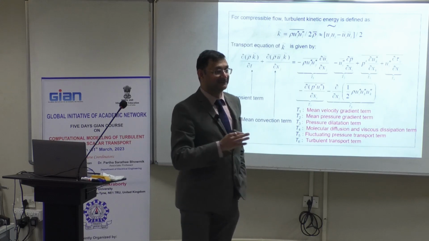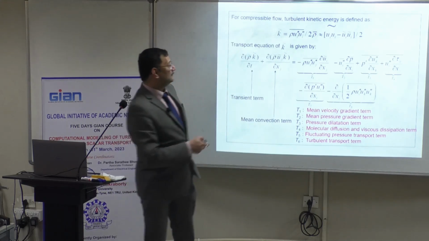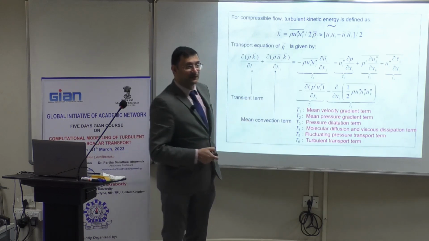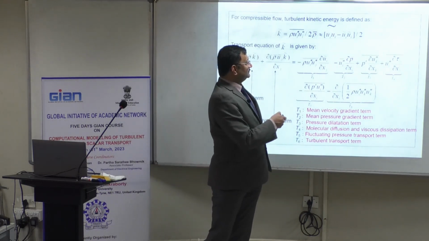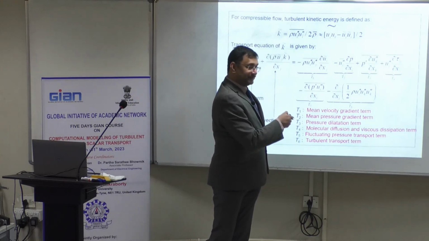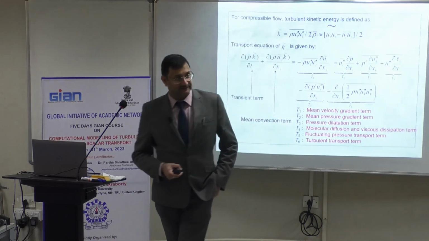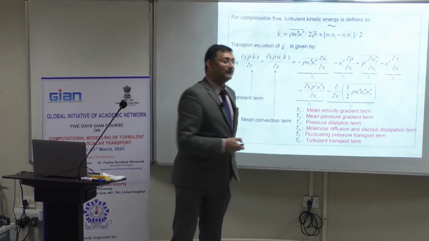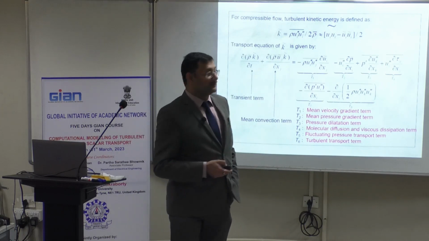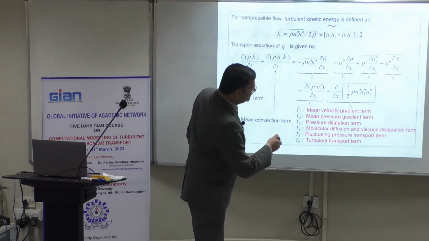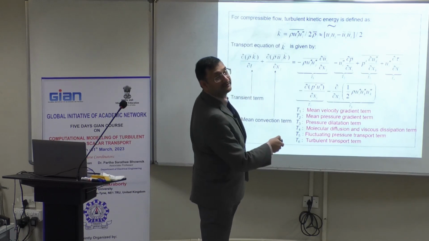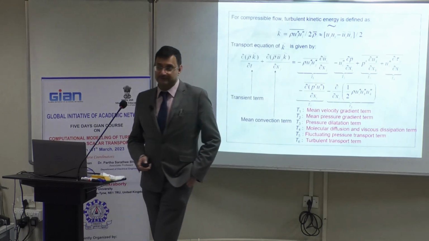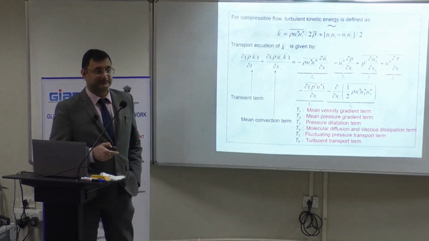If you are using it for compressible flow, you have to implement these extra terms. Obviously, these are effectively unclosed terms. You need models for this. And actually, they are quite important terms. You can't ignore them. In addition to that, if you expand it, there will be some extra terms which are not there for incompressible.